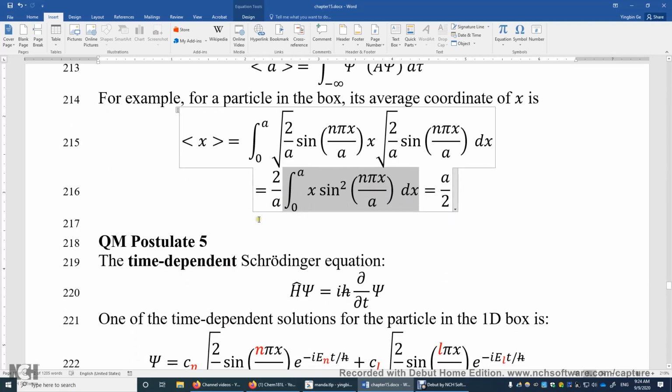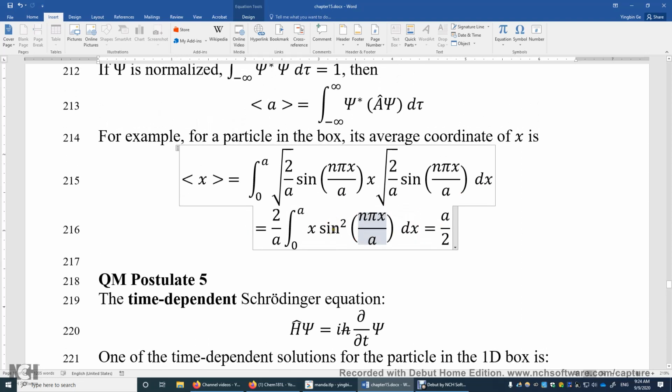This is not trivial to evaluate. I think you need to do a lot of variable substitutions. First, you need to change this to 1 minus cosine 2 theta over 2. And theta is just n pi x over a. You need to do some variable substitution.